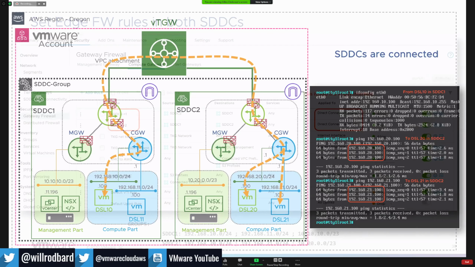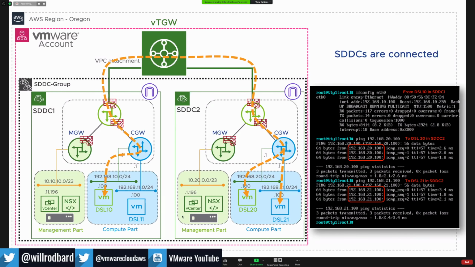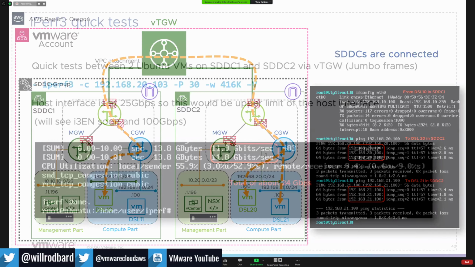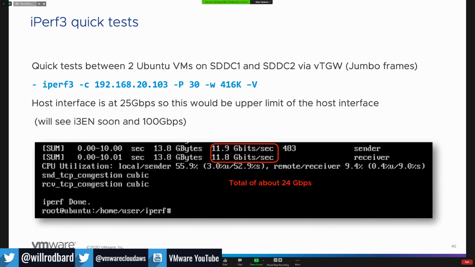Once it's done, I have connectivity. So a VM in SDDC1 can talk to VMs in SDDC2, okay? And if I have the proper firewall rules here and here, then everything is fine. I did a couple of tests.